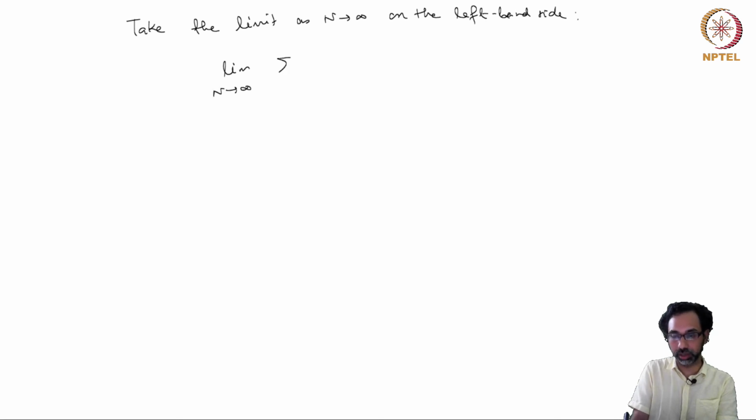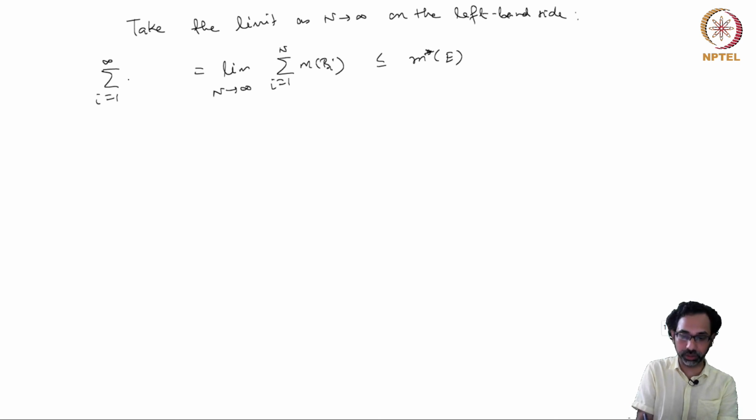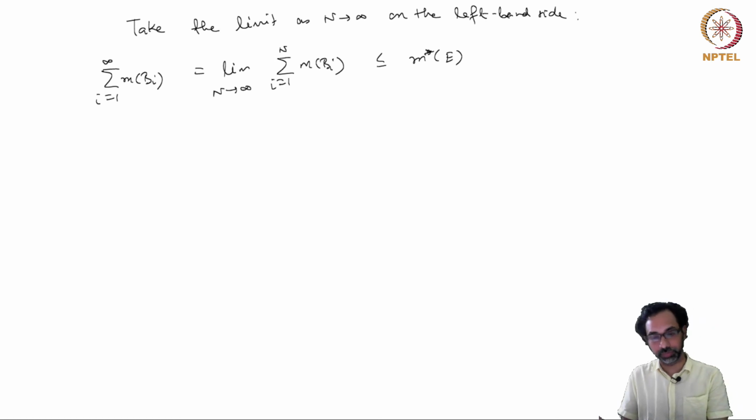So we can take the limit as N goes to infinity on the left hand side. We get that the limit as N goes to infinity of the sum i equal to 1 to N of m Bi is bounded above by m star E, but this is nothing but the infinite sum by definition of an infinite sum. We get the required bound.